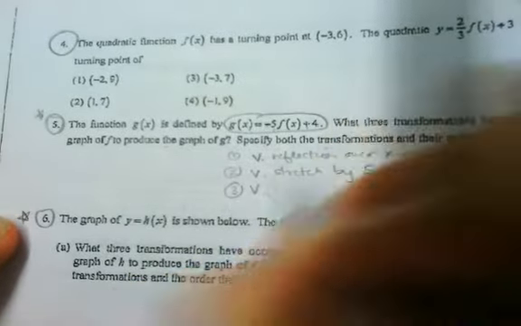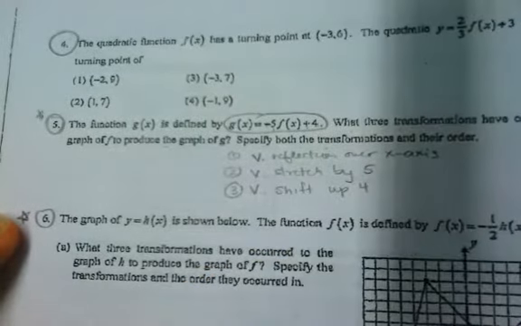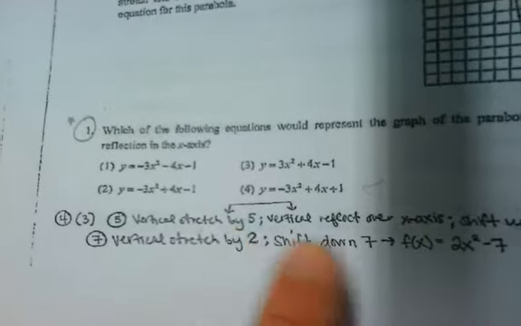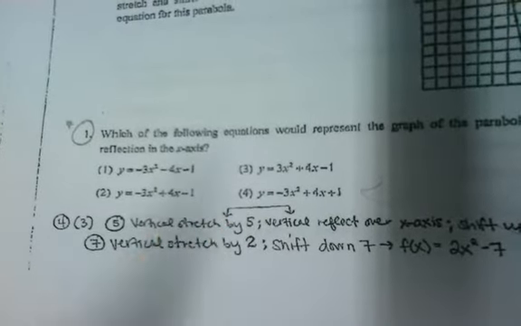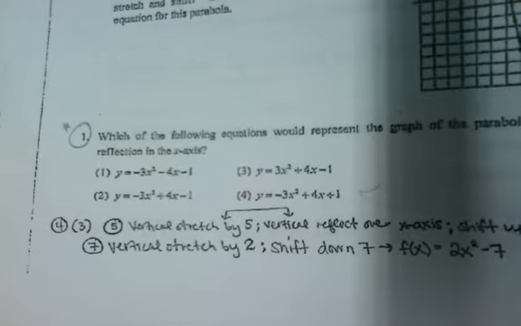Outside, it's still vertical. It's a plus, so it's a shift up 4. And those are your transformations. On the bottom, the answers, do you see how I have that arrow on vertical stretch by 5 and vertical reflection over the x-axis? That was the best way I could show that those first two can occur in either order.